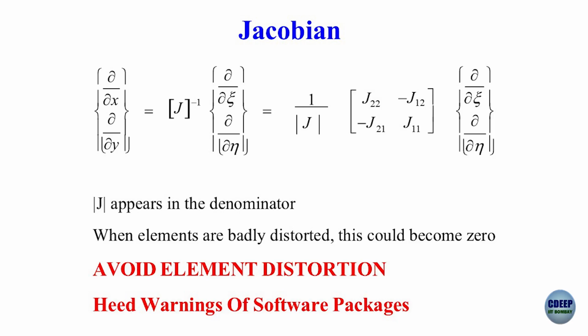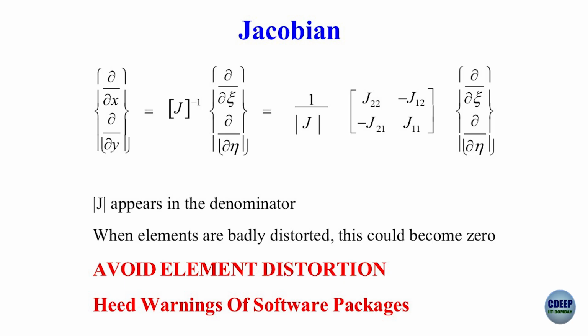So, dou by dou x, dou by dou y is inverse Jacobian times dou by dou zeta, dou by dou eta. And what is the inverse Jacobian? For a 2 by 2 matrix, it is very easy to write: 1 by determinant of Jacobian, flip the diagonal elements and negate the off-diagonal elements. That is its inverse, right?